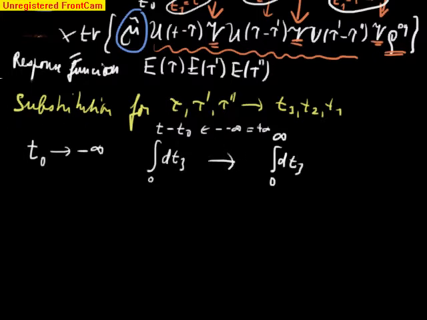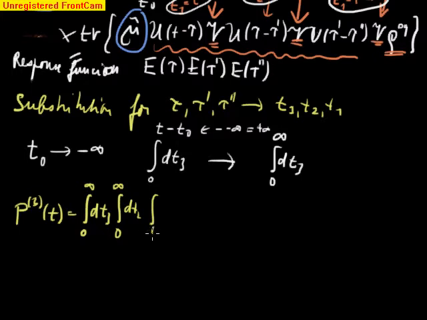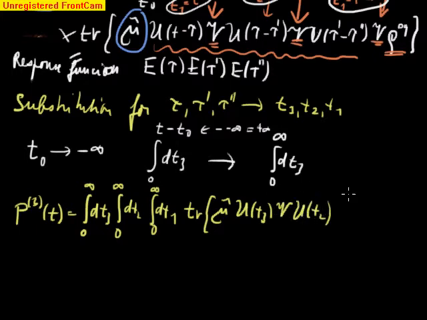So let's now rewrite our third order polarization with the substitution. So we will get integral from 0 to infinity dt3, integral from 0 to infinity dt2, integral from 0 to infinity dt1. I recommend to everybody to make this substitution for themselves, just to practice a bit. So then we have the consecutive interaction of the system with light, rho equilibrium here, and all the dependence on this external time t will now go into the field.